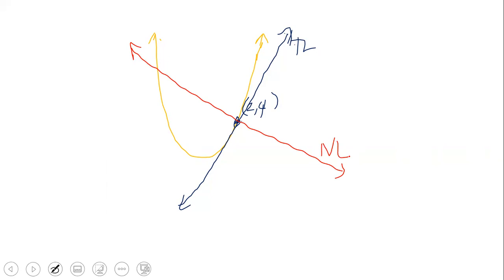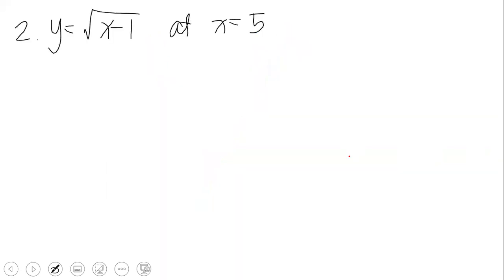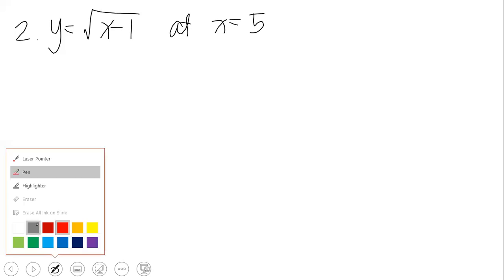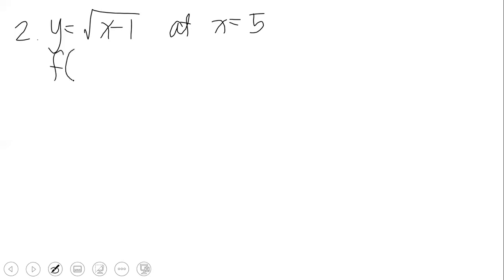Let's proceed with equation number 2. Let's have the given function y equal to square root of x minus 1 at x equal to 5. This time, let's get the point of tangency. It should be f of x. That will be f of 5 equal to square root of x minus 1.